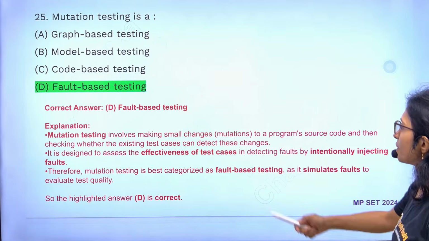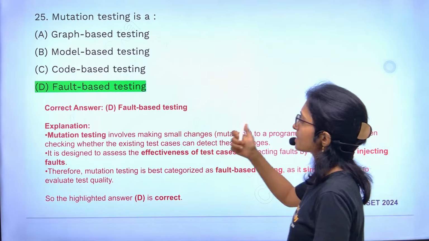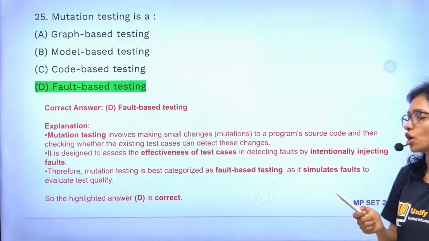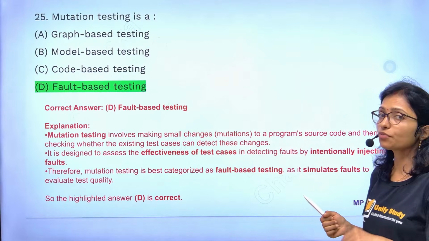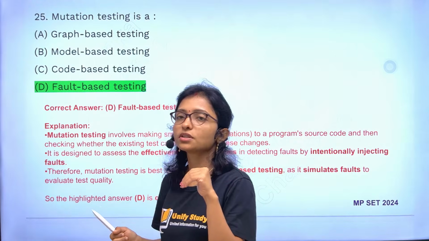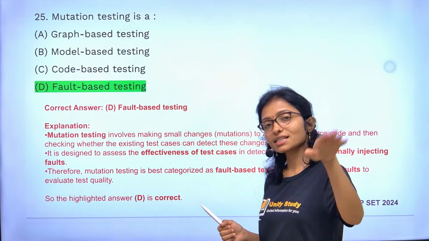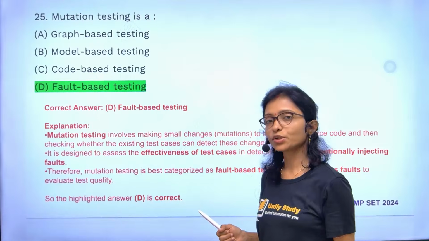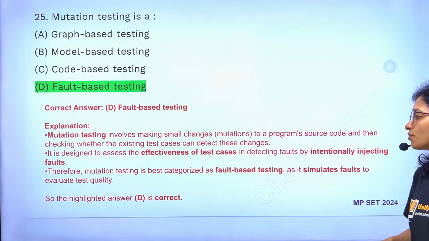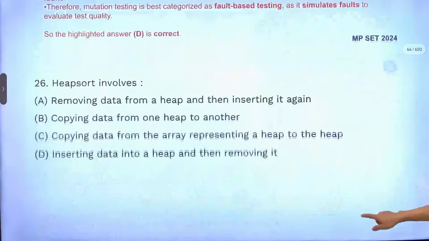The programmer makes a small change to the program source code and then checks whether the existing tests detect the change or not. It is actually one way of testing the test cases. You are testing the test cases to see whether they are able to detect the problem or not. That's why it is called fault-based testing or mutation testing.